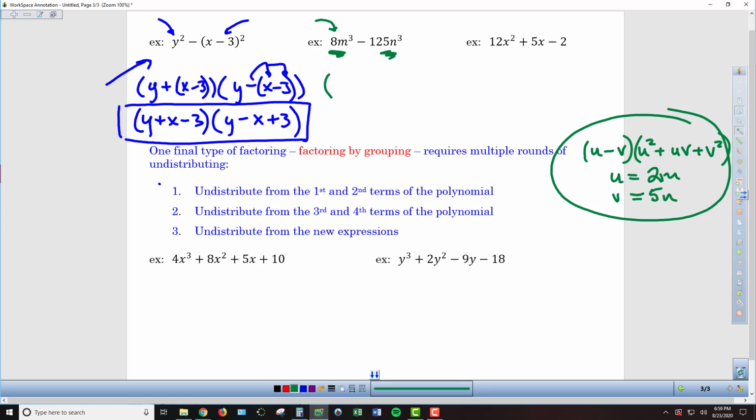So that means my first set of parentheses is going to be u minus v, so 2m minus 5n.